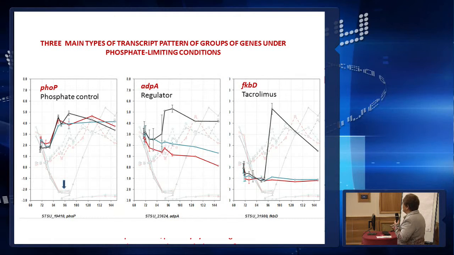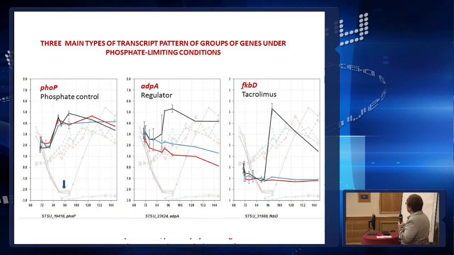Some genes, as 4P, increase their expression when phosphate disappears from the medium, and these genes are not regulated by sugars. They behave exactly the same in the presence of glycerol, glucose, or maltose. Other genes, as this regulator, ADPA, increase the expression of the gene when phosphate is depleted, but only in the presence of the permissive sugar, maltose, not in the presence of glycerol or glucose.